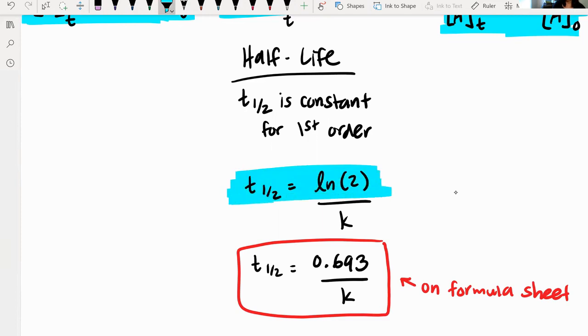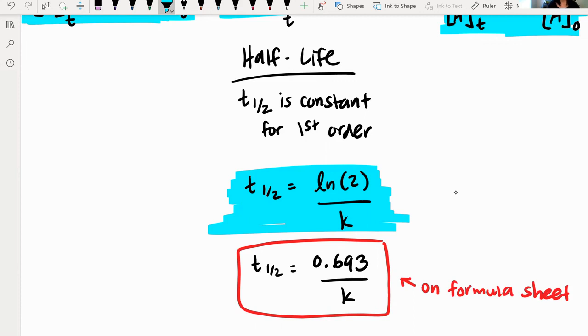For me, I have an easier time remembering natural log of 2 instead of 0.693, but it all means the same thing. Natural log of 2 is just an easier thing for me personally to remember than a decimal of 0.693. So when I'm doing problems and I don't have my formula sheet in front of me, I just think natural log of 2. Okay. But know that this equation in red is on your formula sheet.